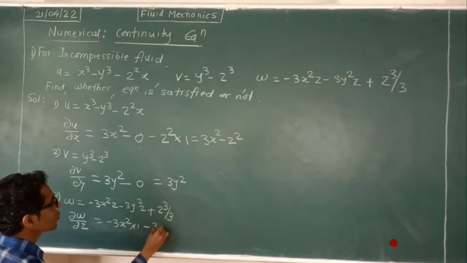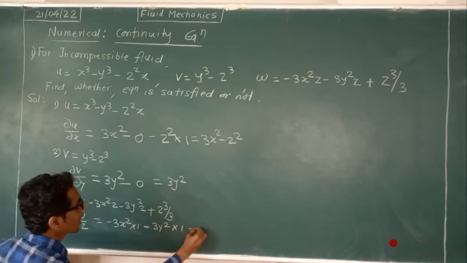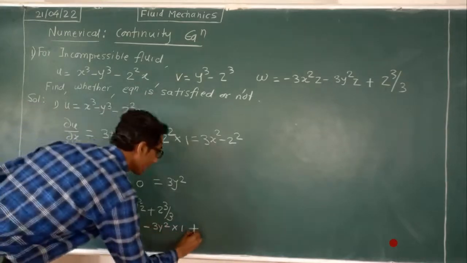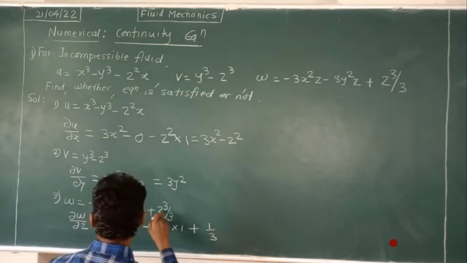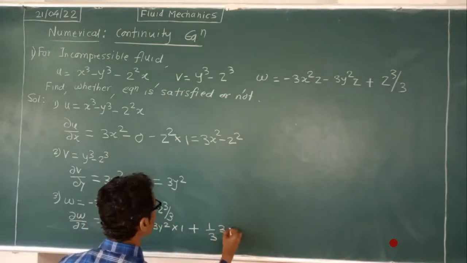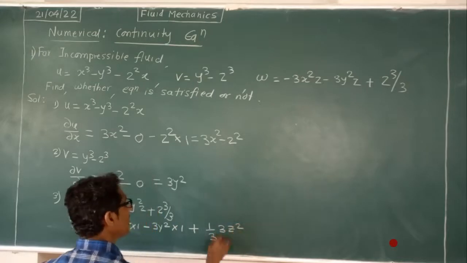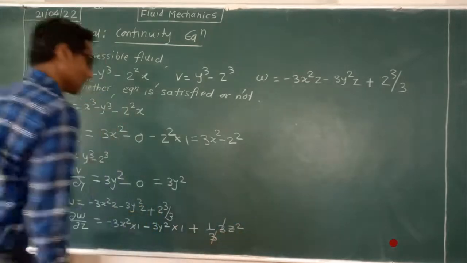Minus 3y square is a constant, and the derivative of z is 1. Plus 1 by 3 as it is, z cube, its derivative will be 3 into z square, and the 3 will get cancelled.